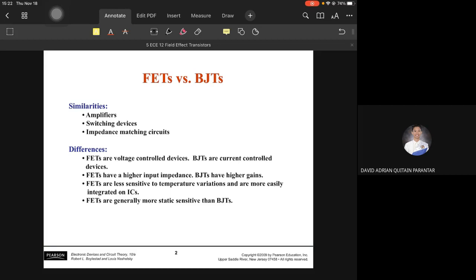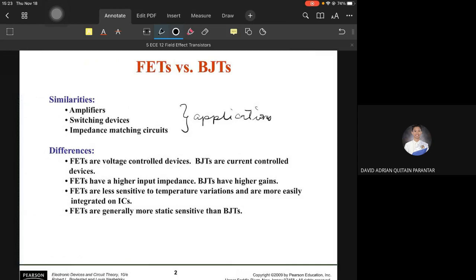Their differences are more numerous than their similarities. The similarities are with respect to their applications, meaning how they will be used. Their differences speak more of their basic characteristics.